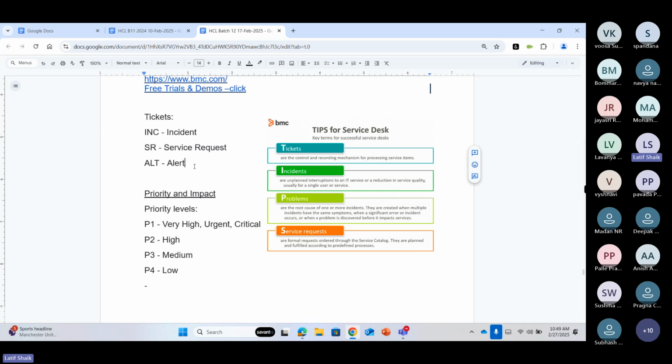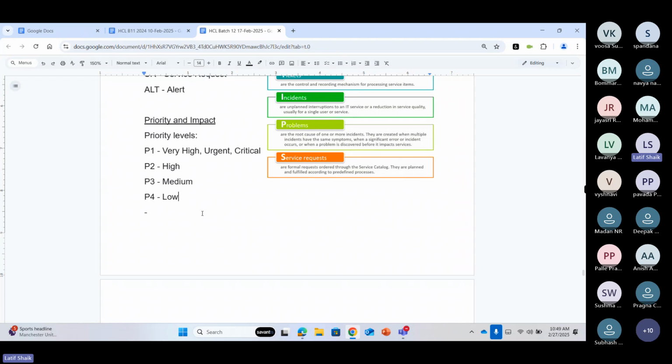Based on that, priorities will be decided, and the priorities decide which ticket we have to handle first. Of course, first come, first served is also part of it.